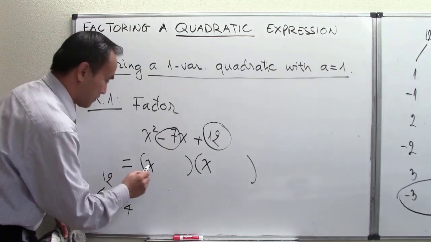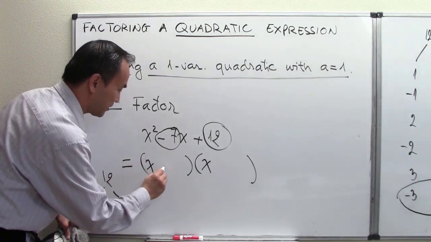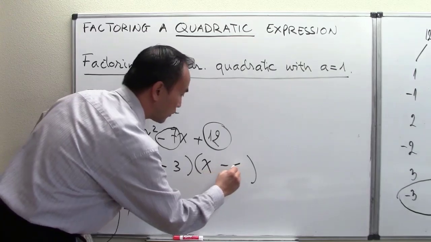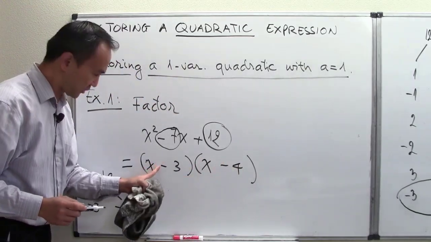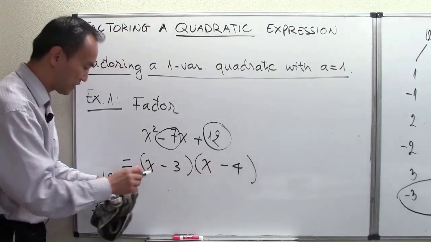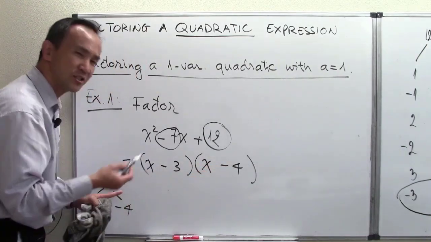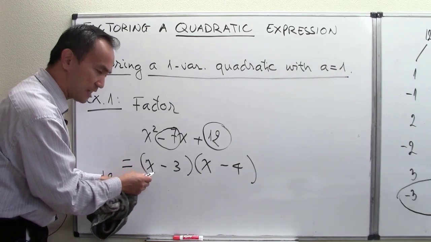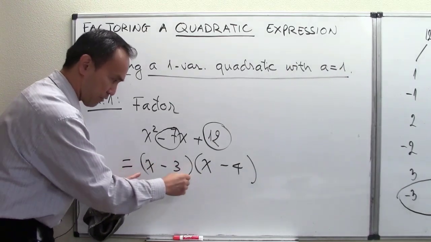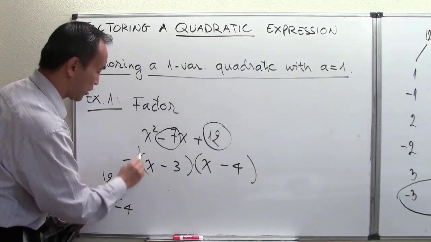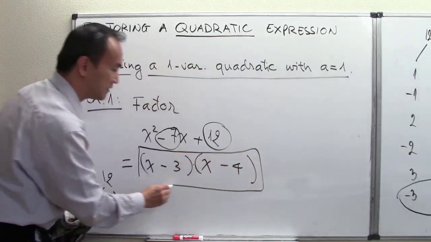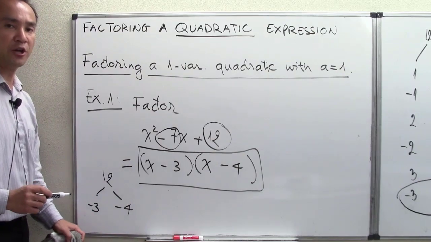So I can put minus 3 here and minus 4 there, the two factors including the sign that came along with that. The way it reads now, I have an x minus 3 in parentheses, in product with an x minus 4. That's one way of how you can write the factor form of this polynomial.